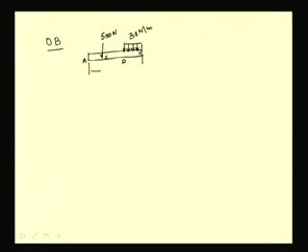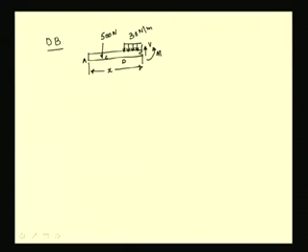So, we are considering this section at a distance of x between D and B. We have the shear force V and the bending moment M. So, this completes our free body diagram, and for equilibrium we can write the force summation and moment summation to 0 to find the shear force and bending moment. Let us sum the forces.